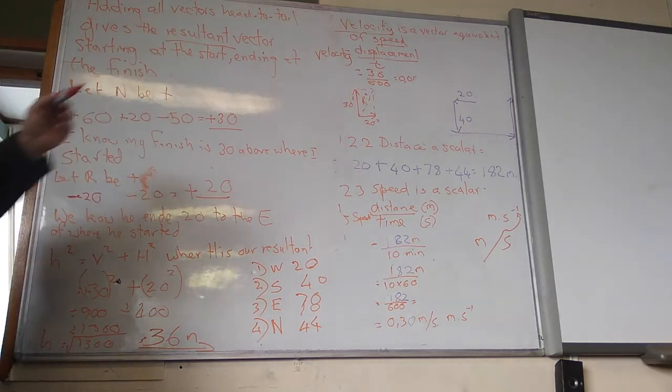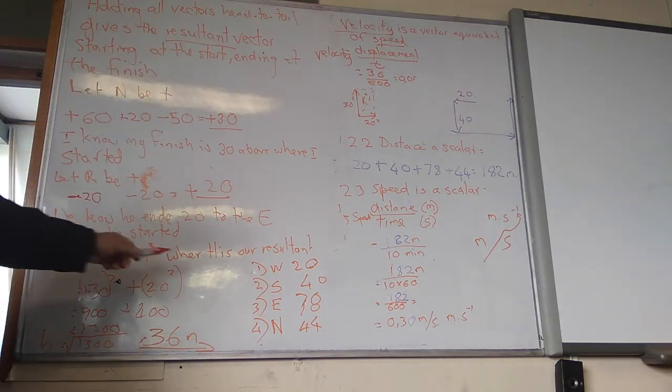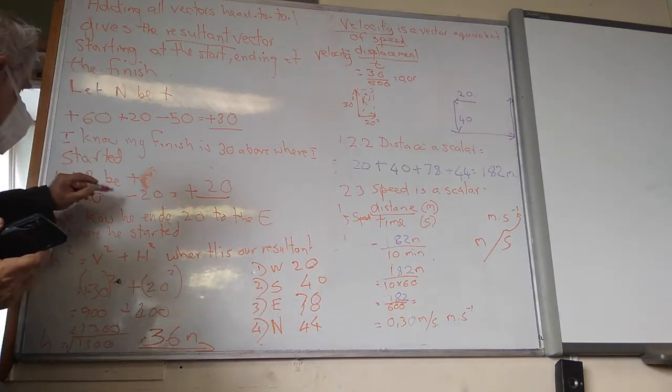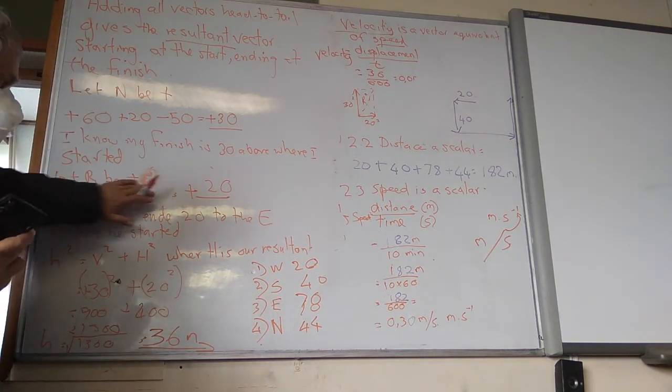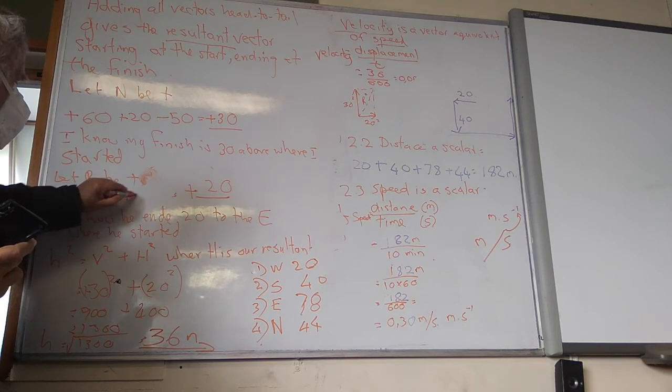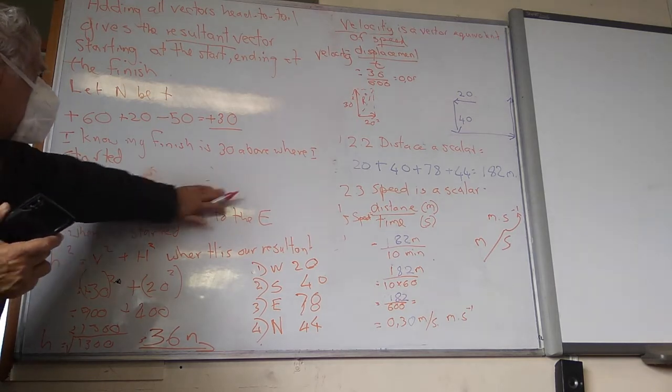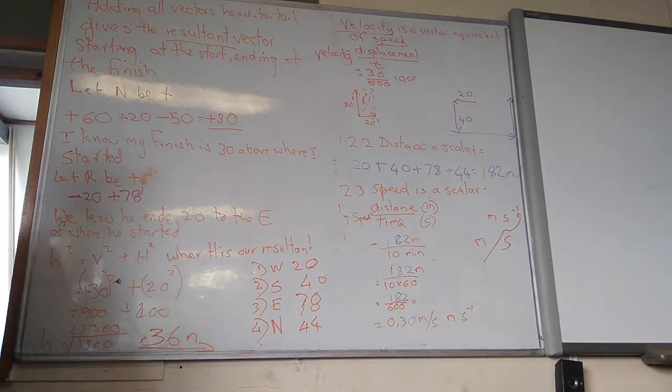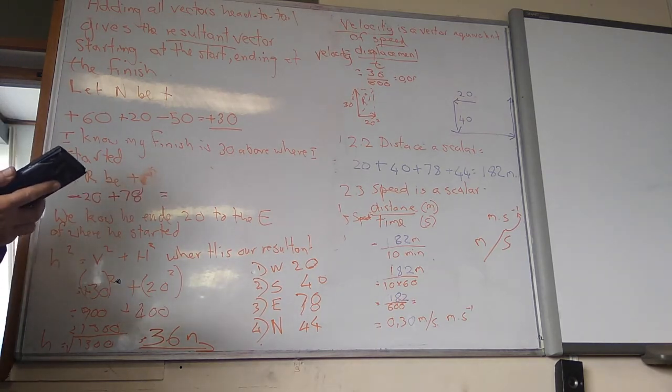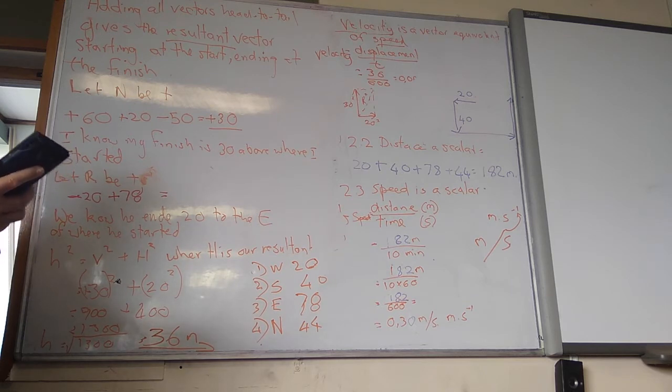So that was the only one in the left-right direction, or the east-west. So minus 20 plus 78 equals plus 58. And if it's a plus, it means east. Do put that east, guys.